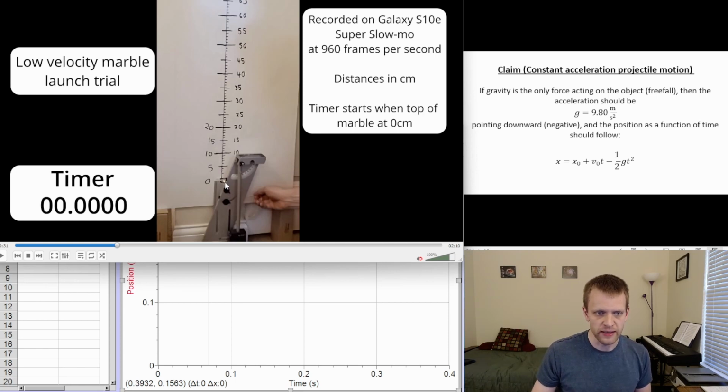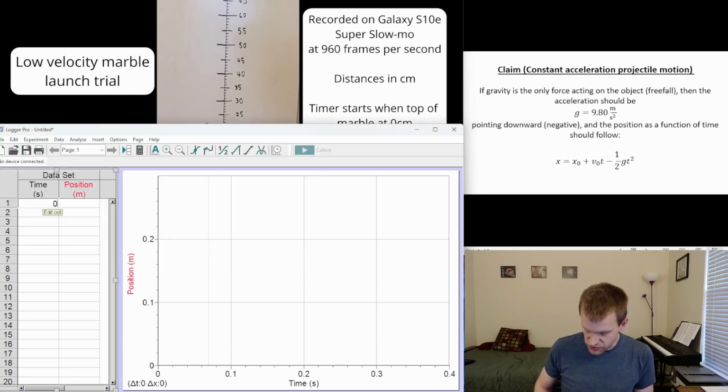So again, I'm starting the timer as close to when the top of the marble is at 0, and let's find some data points. So I'm going to move a few frames forwards, and let's say right around there, we're at 5 centimeters. The top of the marble is at the 5 centimeter mark, and our time is 0.229 seconds.